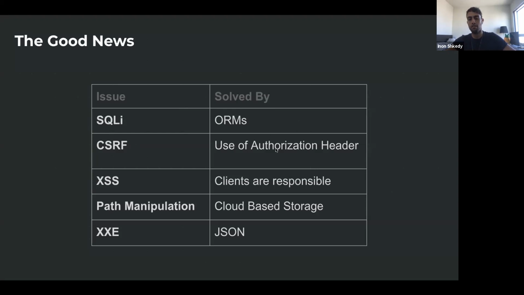And if we talk about path manipulations, vulnerabilities like directory traversal and the ability to write and read arbitrary files from the server, it's much harder to exploit them today, and it's less common to see them in the wild. Why? Because developers use cloud-based storage like S3. They still exist in those environments, but it's much harder to exploit them, and it's usually less severe and less common.